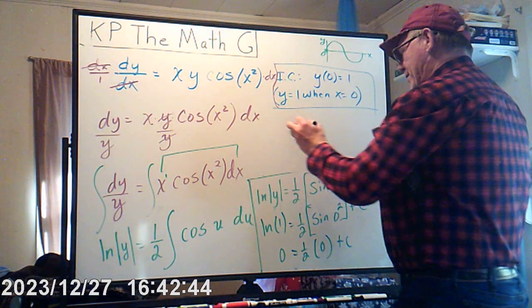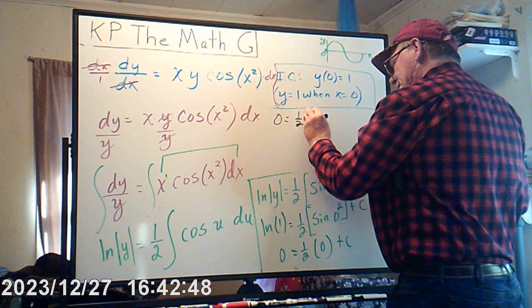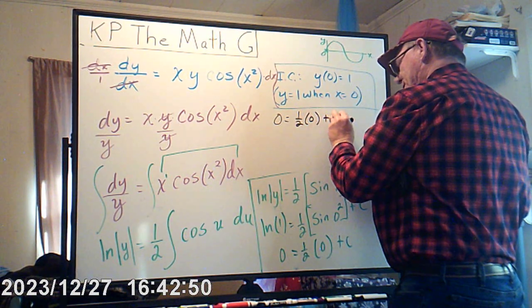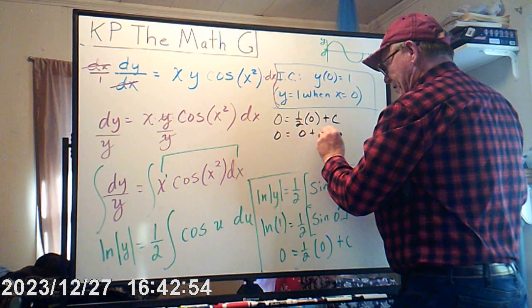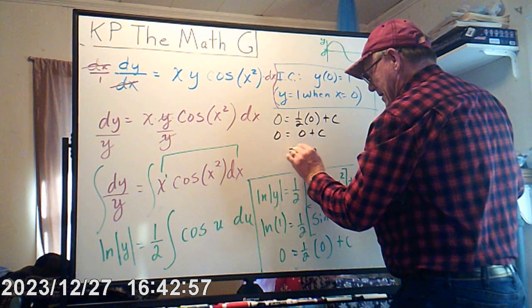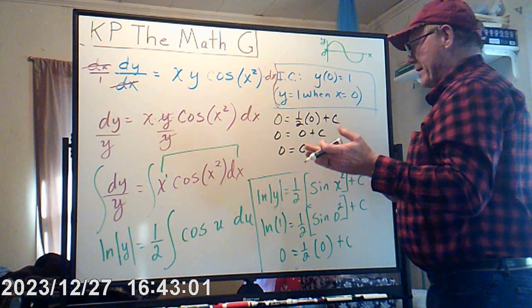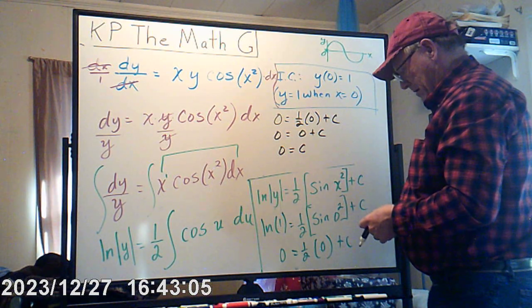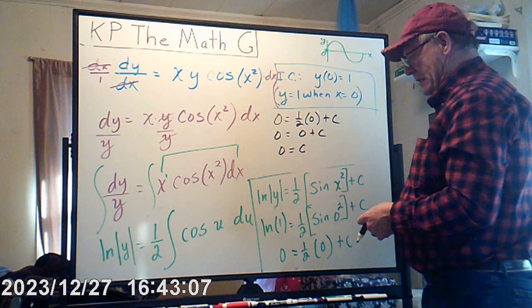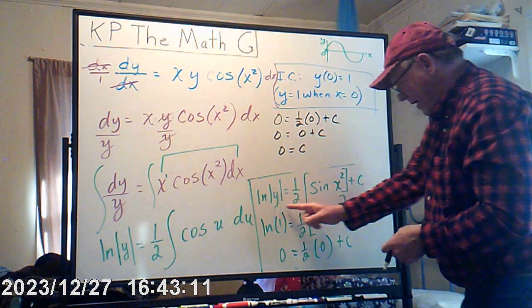So what I have here is 0 is equal to 1/2 times 0 plus c. And then this is 0 is equal to 0 plus c, which means that c is 0. Well, that's all we did. We did all that to get c equals 0, didn't we? So here's our equation.